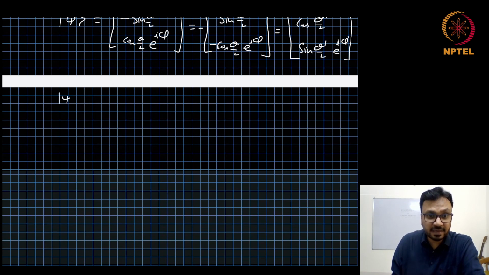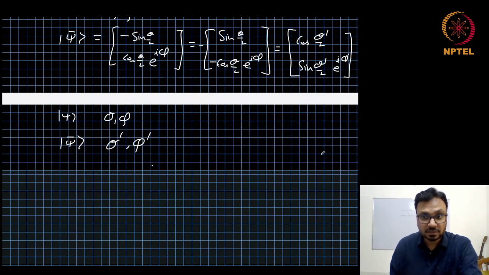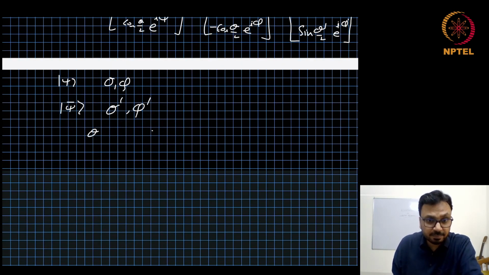So what we are saying is psi is represented by theta and phi, and psi orthogonal is represented by theta prime and phi prime. Now, what is the relation between theta and theta prime, phi and phi prime? We can see that theta prime over 2 should be equal to pi over 2 minus theta over 2, or we can say theta prime is pi minus theta.